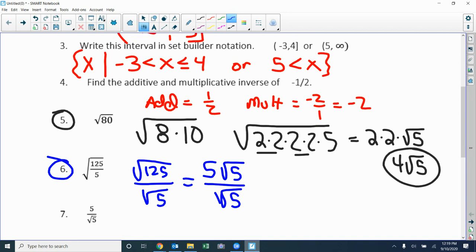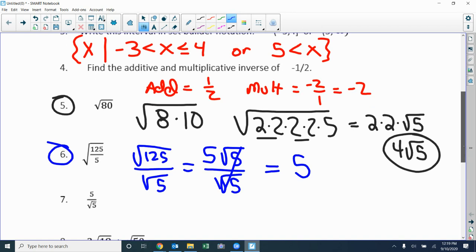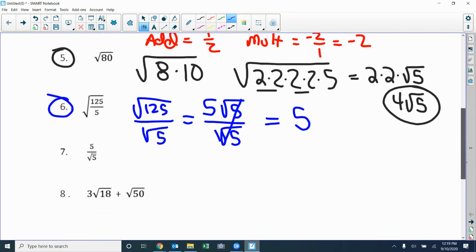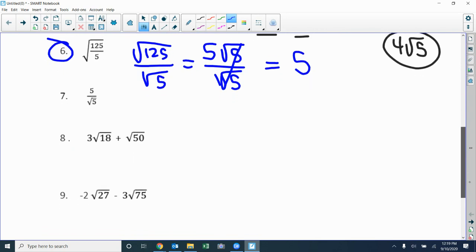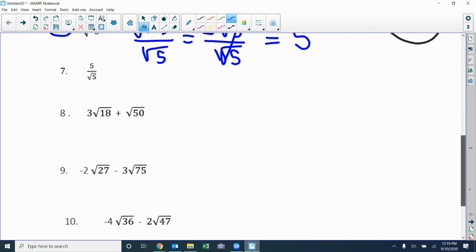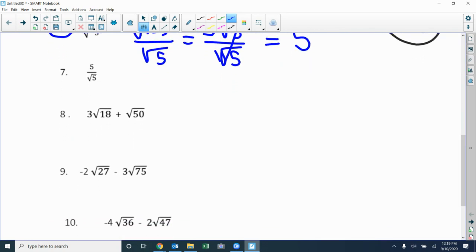Now, what's cool about this one is what happens to those square roots of 5? Cancel. My answer is just 5. Everybody okay?